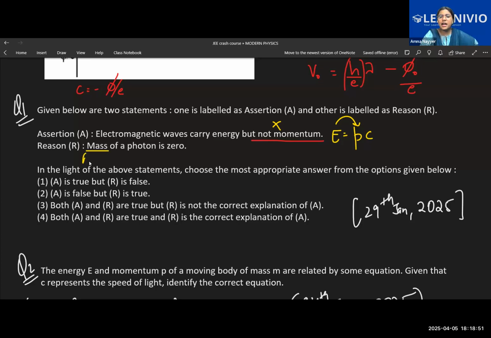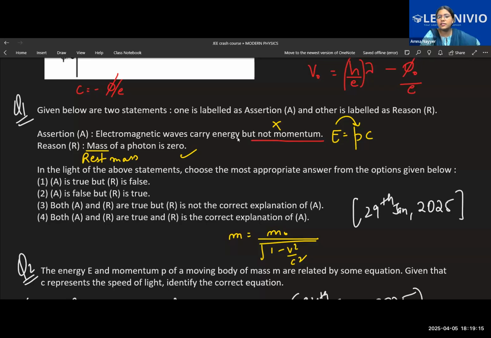See, mass means the rest mass. So rest mass of photon is 0. That we discussed also using the equation m is equal to m naught under root 1 minus v square by c square. Rest mass of photon is 0. So this is correct. So A is false, B is true.